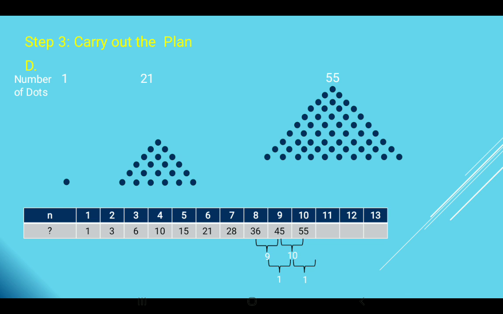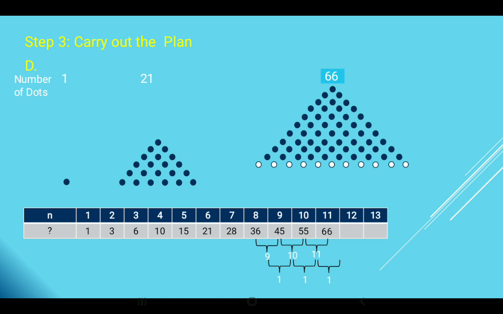So, nakuha natin yung difference kanina. So, 10 plus 1 is equal to 11, and 11 plus 55 is equal to 66. So, nag-add na ng 11 dots sa ilalim ng triangle kanina, yung may 55 dots. So, naging pang 11th term na siya. So, we have 66 dots.